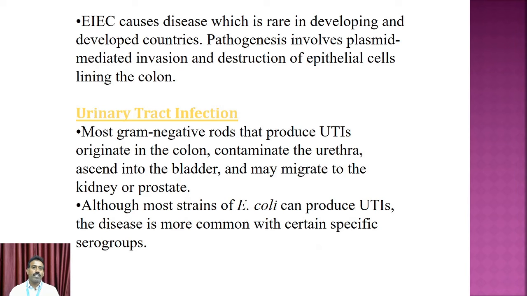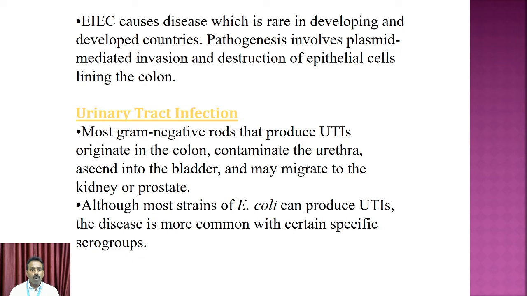So next one, invasive E. coli causes diarrhea which is rare in developing and developed countries. The pathogenesis involves plasmid mediated invasion and disruption of epithelial cells leading to colitis. So next one, urinary tract infection.